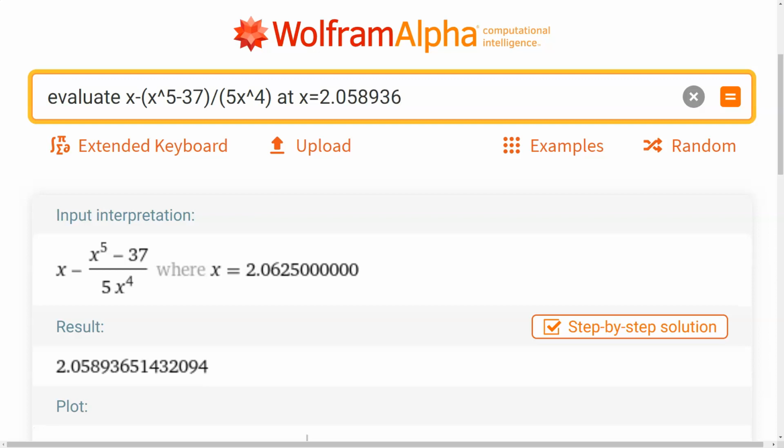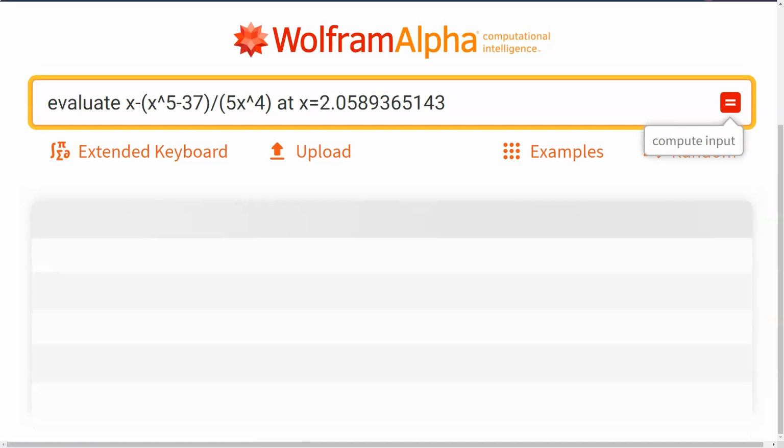Now that would be 6 places past, but as I said, I'm going to go to 10, just to go a few past what I need so that I can see that I've got all those digits agreeing, and also it forces it to give me more digits. So 2.0589365143. Okay, so we're going to enter that.